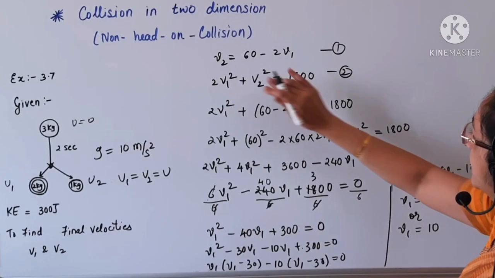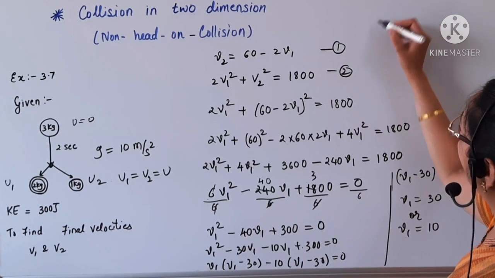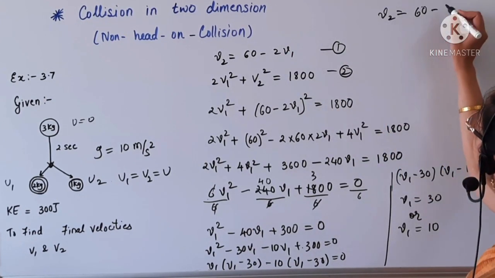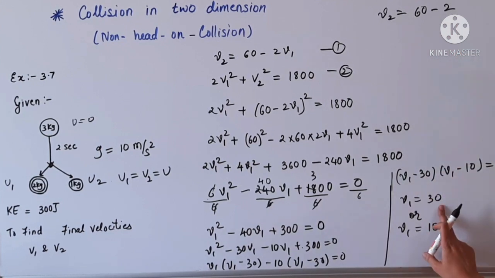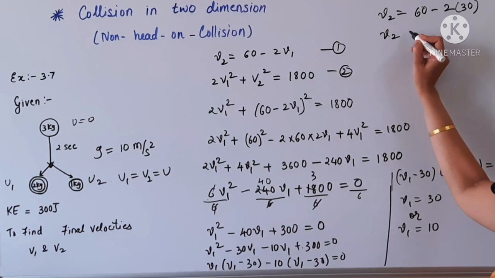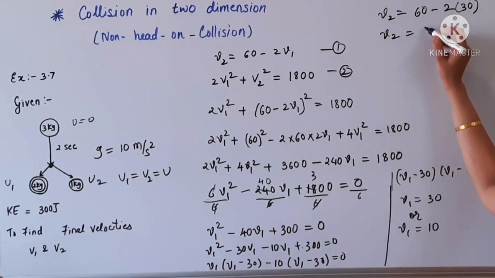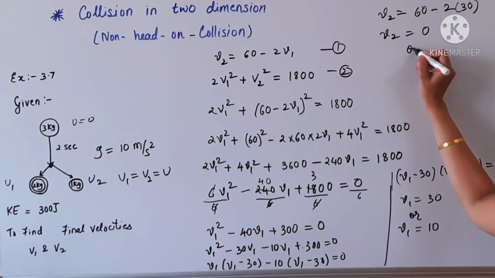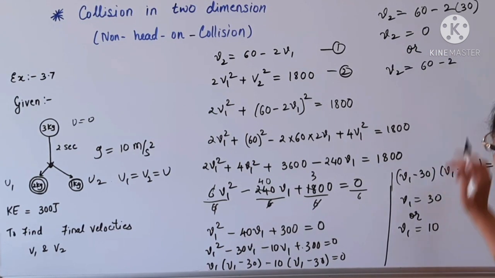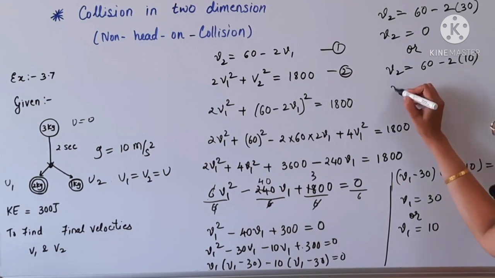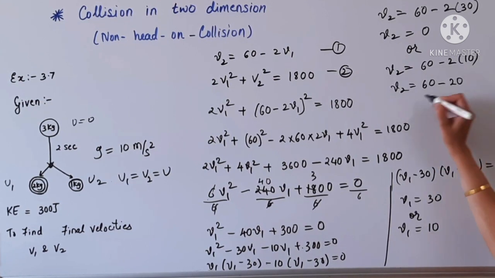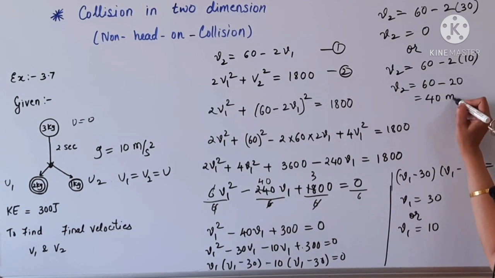Now for v2, from equation 1, v2 is equal to 60 minus 2v1. If we take v1 as 30, so 2 into 30, v2 is equal to 60 minus 60, that is 0. Or v2 is equal to 60 minus 2 into 10, so v2 is equal to 60 minus 20, that is 40 meters per second.